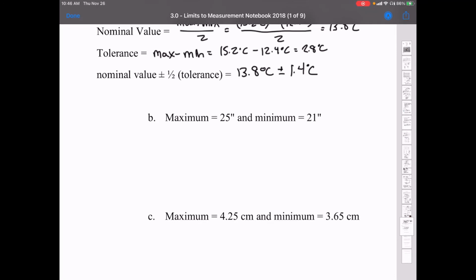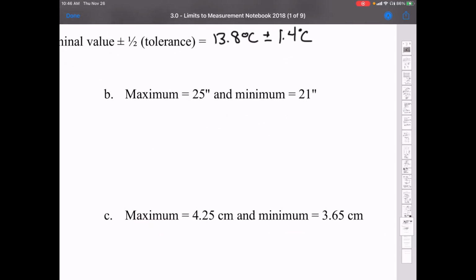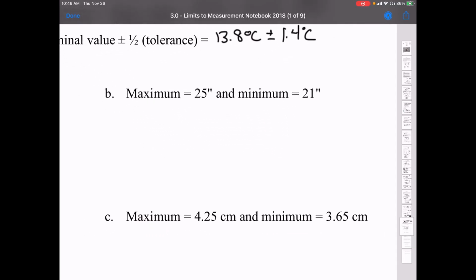Same thing as before. We want to figure out nominal value plus or minus half of the tolerance. So if we have a maximum of 25 inches and a min of 21, first thing is our nominal value is just 25 inches plus 21 inches, all divided by 2, which would be 23 inches.